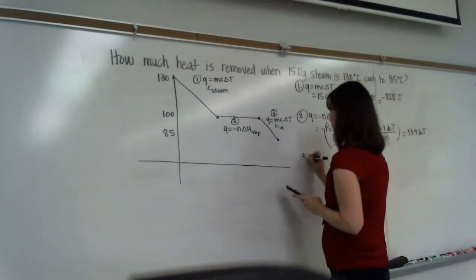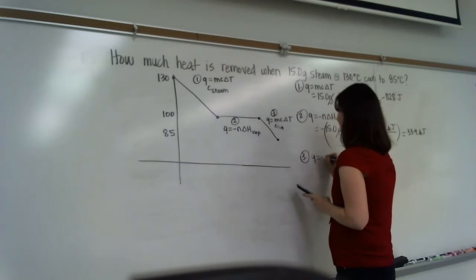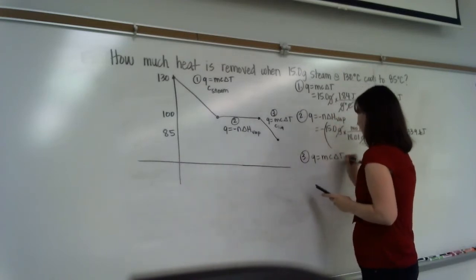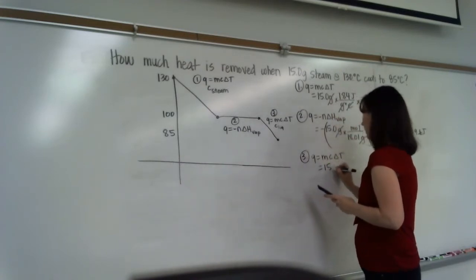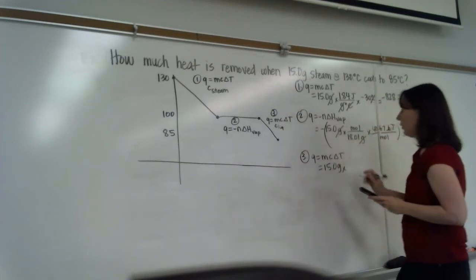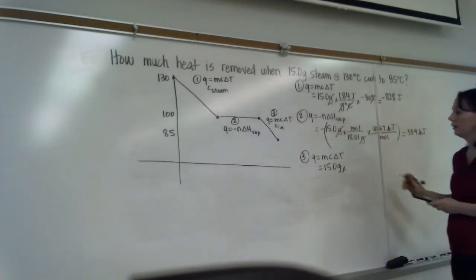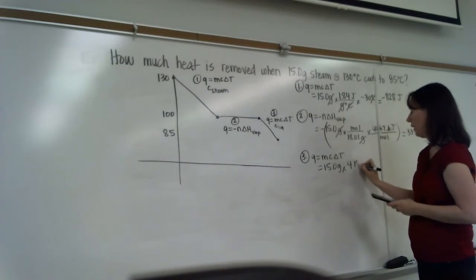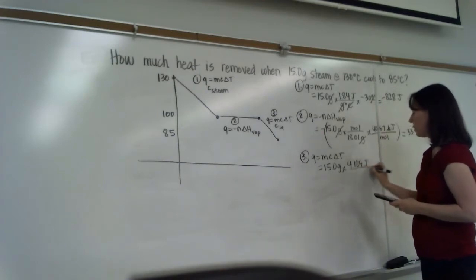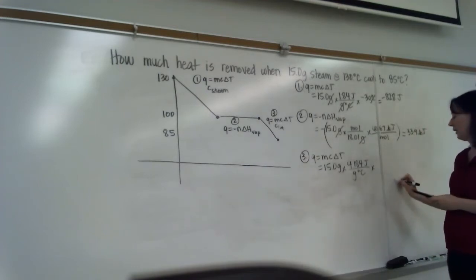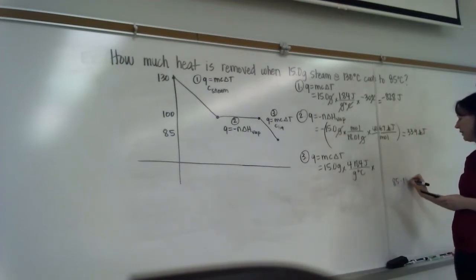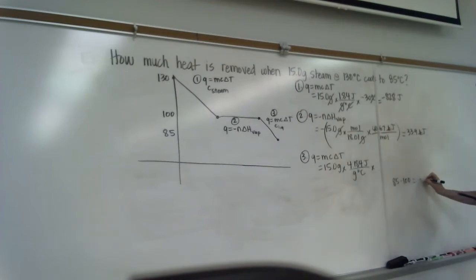And then lastly, Q equals MC delta T. So 15 grams times the heat capacity of liquid water this time, 4.184 joules per gram degrees Celsius. Delta T is final minus initial. So what's that? Negative 15, right?